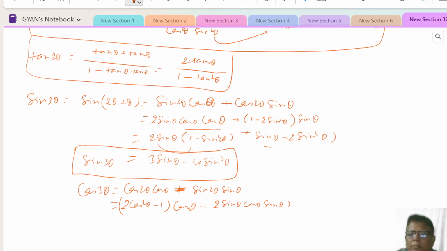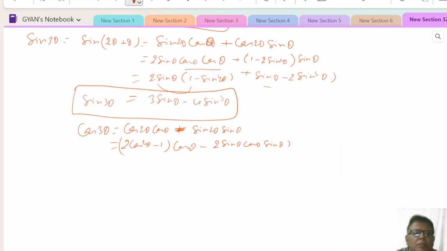Further we can solve it: 2 cos cube theta minus cos theta minus 2 sin square theta, where sin square theta is 1 minus cos square theta, into cos theta.